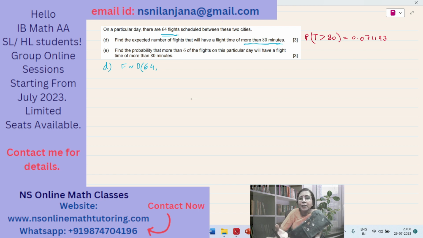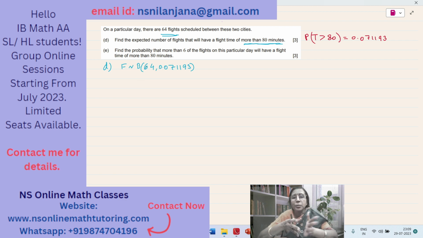Flight time more than 80 minutes, that is 0.071193. Now we have to get the expected value.